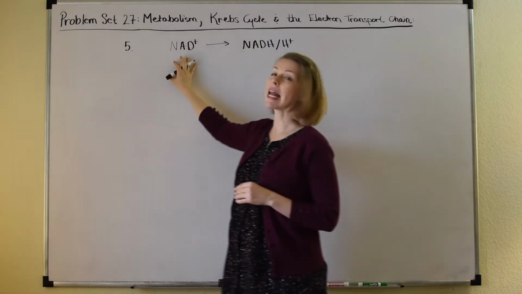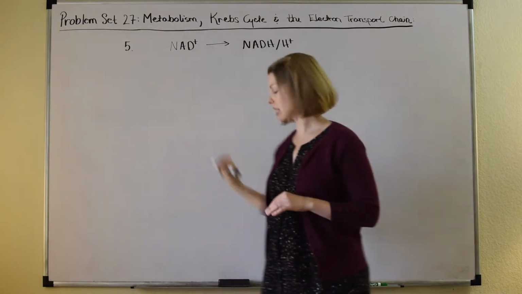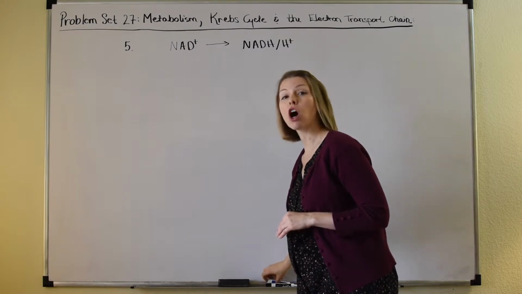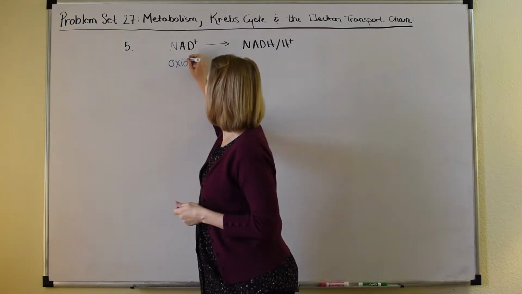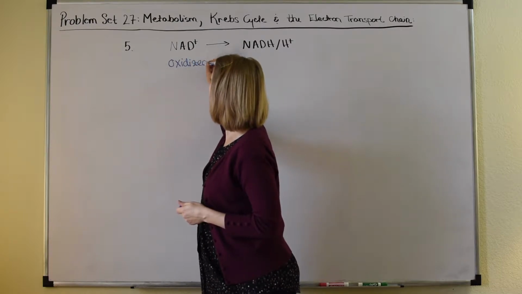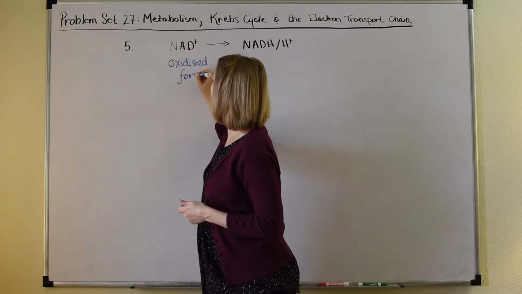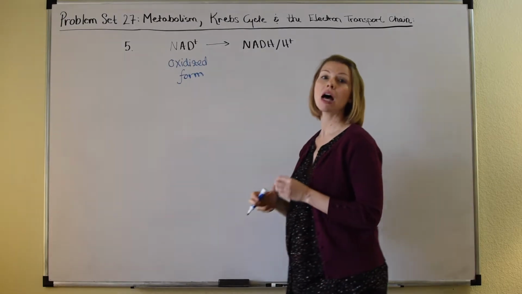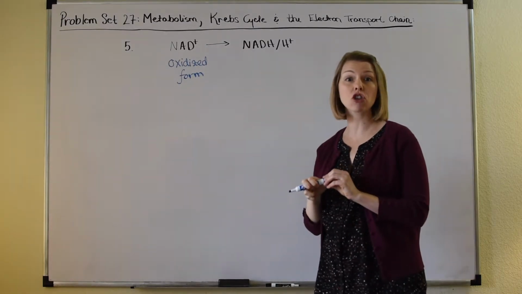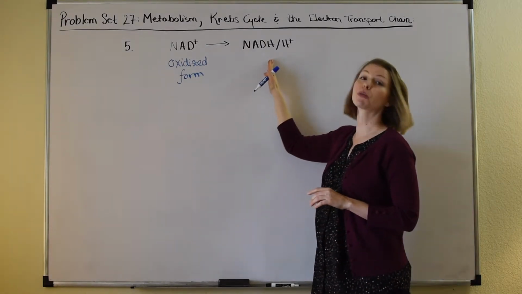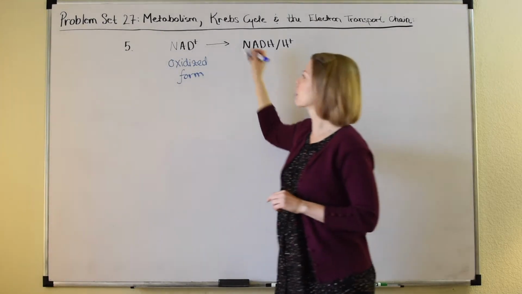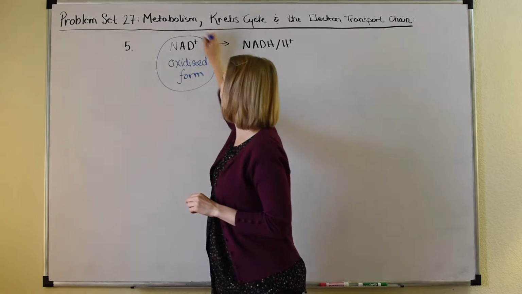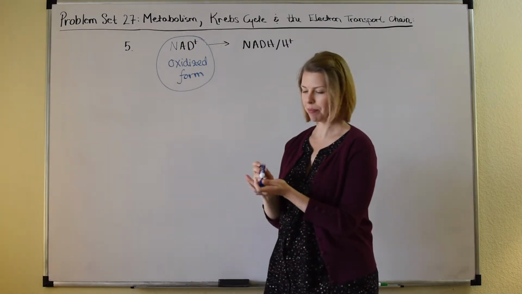NAD plus is the oxidized form of the coenzyme. Once it picks up the hydrogen ions and the electrons, it becomes the reduced form, which is NADH, H plus. So this is the oxidized form of the coenzyme.